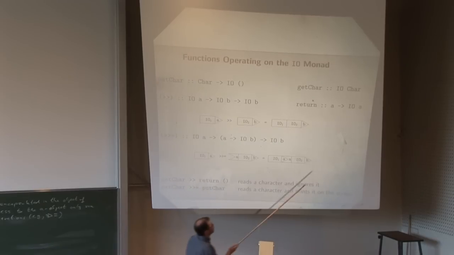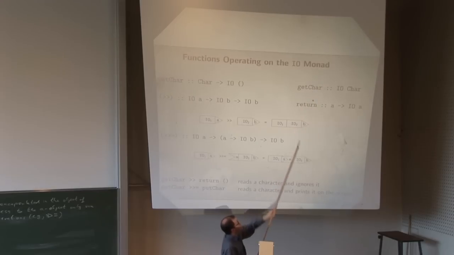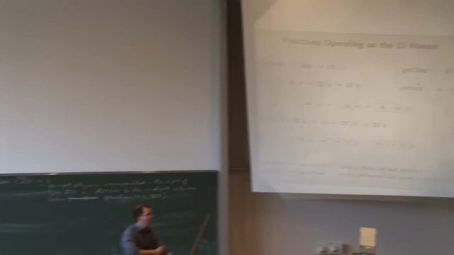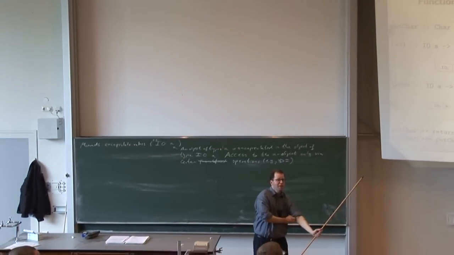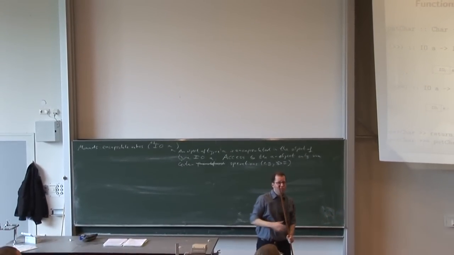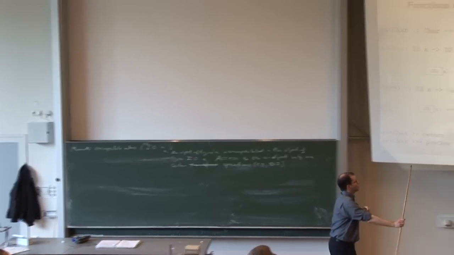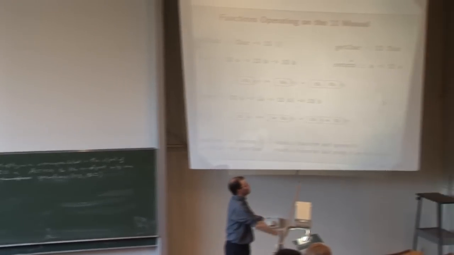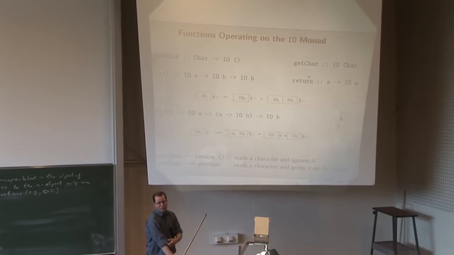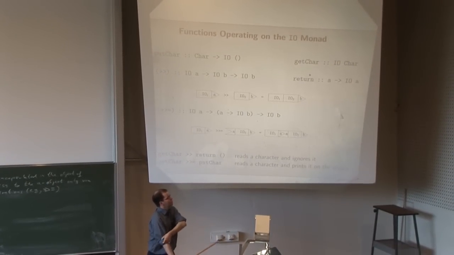Now, some other predefined operations. We had an operation called getChar. And this operation getChar creates a new object of type IO Char. And the character which is encapsulated here is the character that the user types on the keyboard. So getChar waits for the user to type something on the keyboard. And so the whole thing that it produces is an IO action where you wait for input from the keyboard, a character from the keyboard.